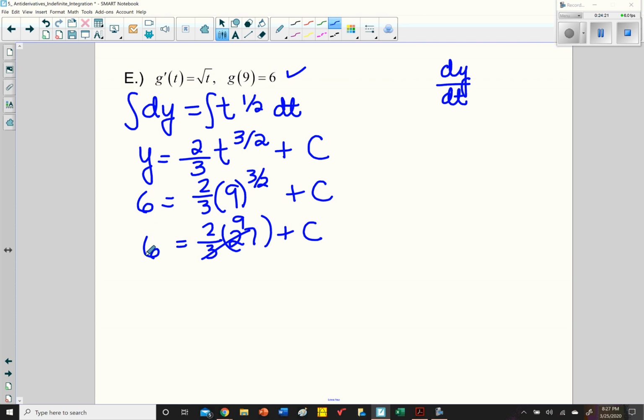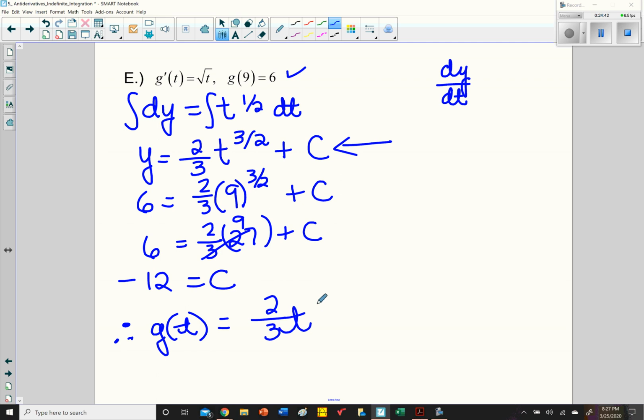And 6 minus 18 gives us -12 for our c value. So the g of t, you could write capital G of t, or y, is our general solution here. So 2/3 t to the 3/2 plus c, and our c is -12. Particular solution. We're looking for particular solutions.